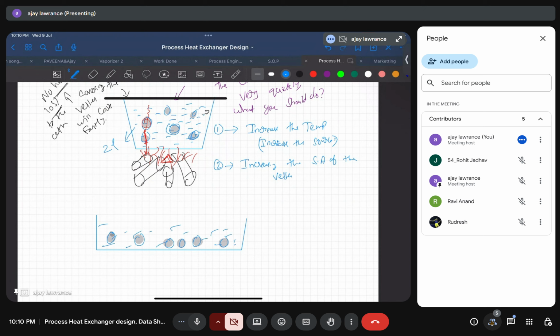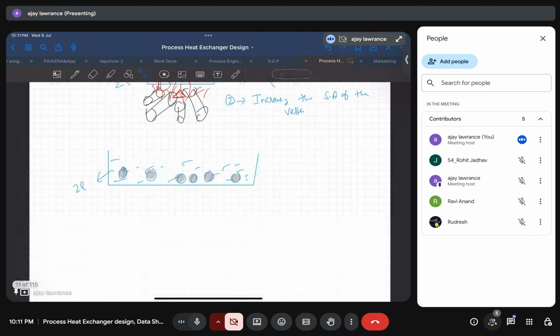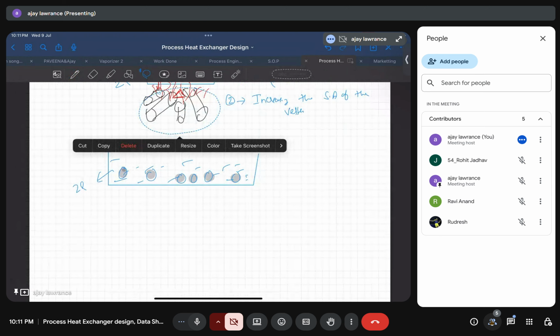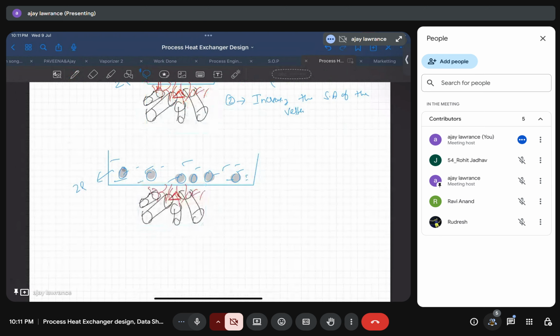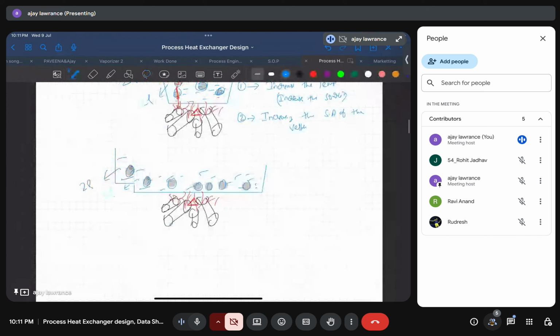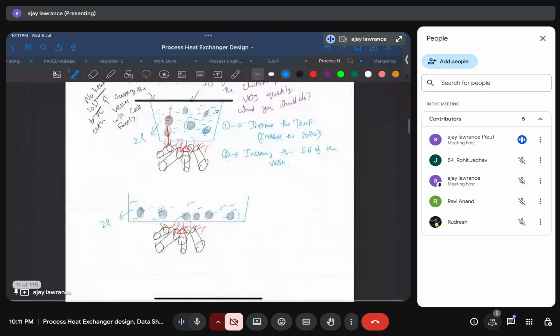I have widened it, so the 2 liter capacity is the same. If you heat it like this, which one will cook faster, condition A or condition B? B.